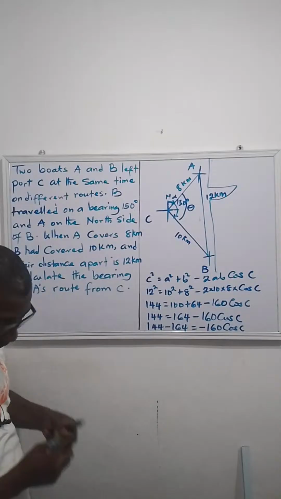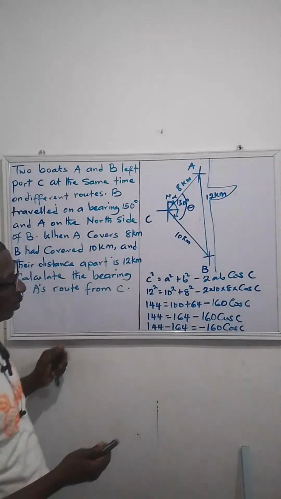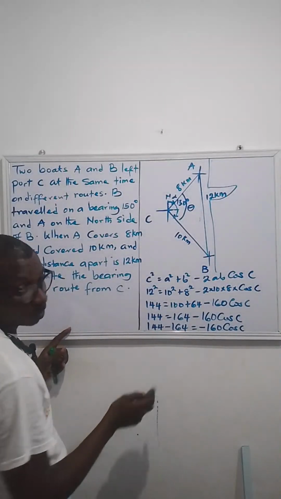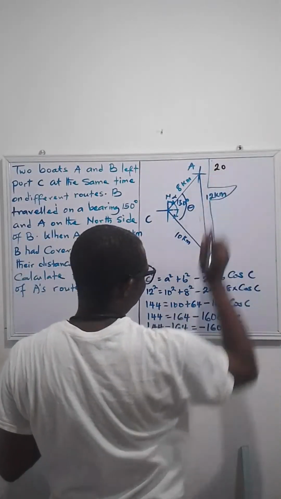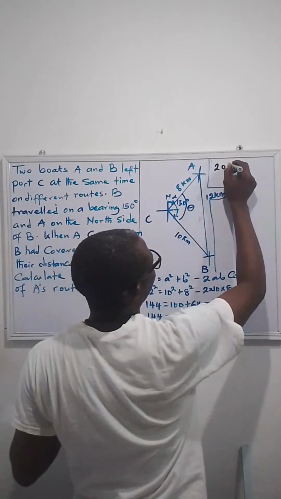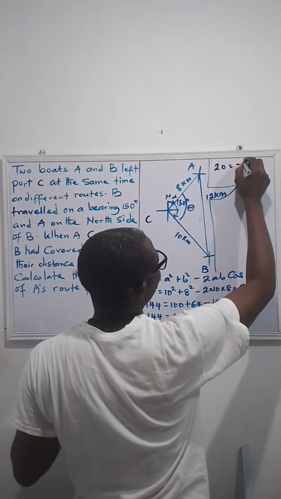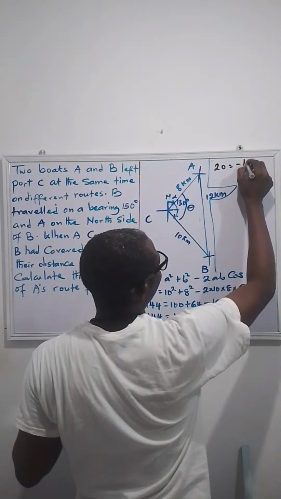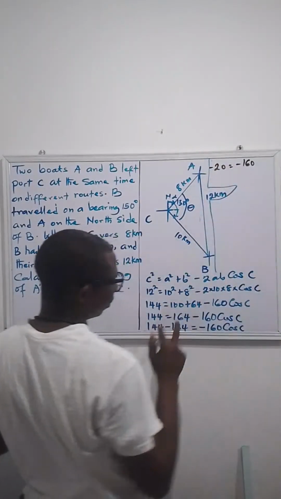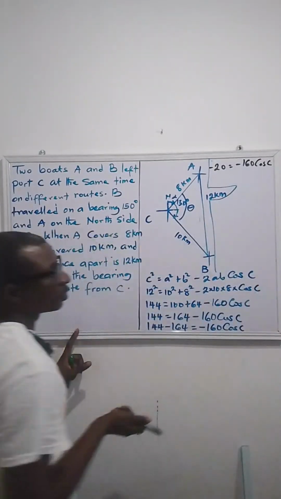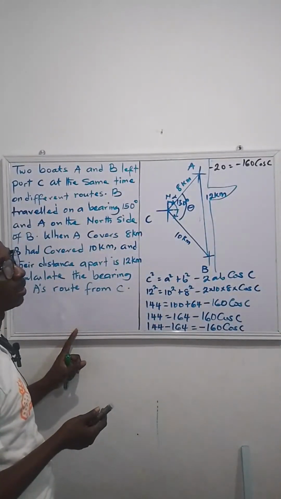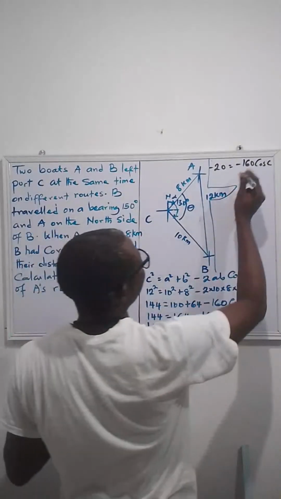Now when you subtract, what do you have? You have negative 20 equals negative 160 cos C. Here you can divide both sides by negative 160.